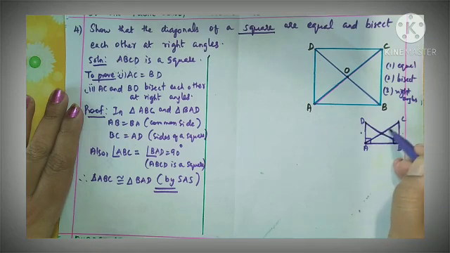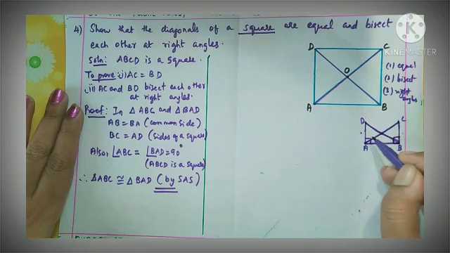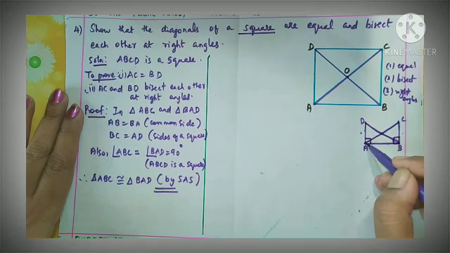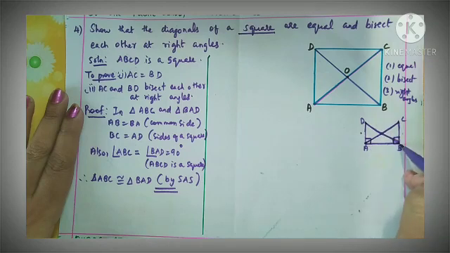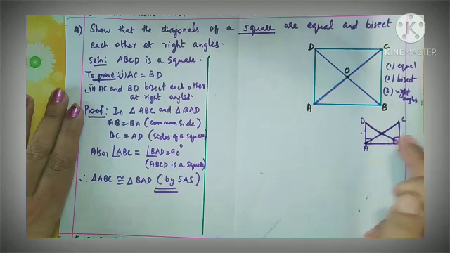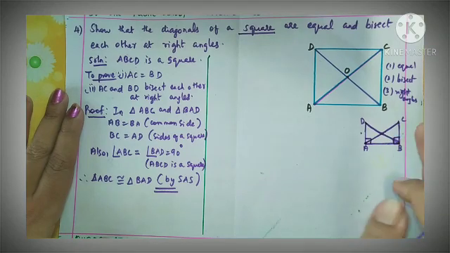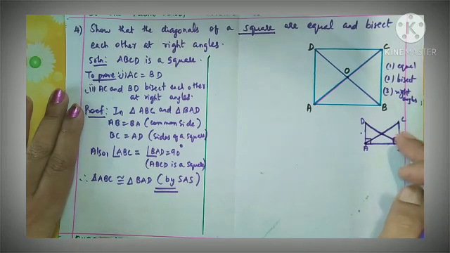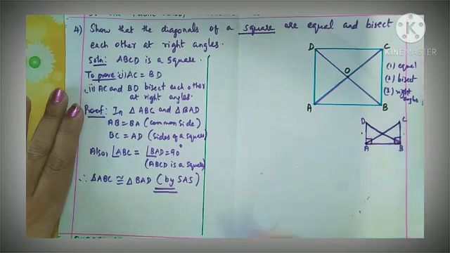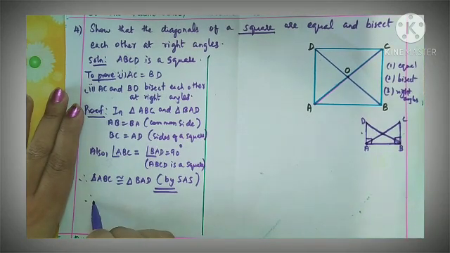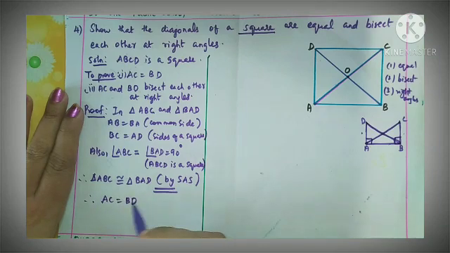Now you see, because these two triangles are congruent, can you say this AC, opposite the 90 degree angle, is the hypotenuse? Similarly in this triangle, this is 90 degrees, then this BD is the hypotenuse. So these hypotenuses are corresponding parts of two congruent triangles. So by the CPCT rule, they are equal. Therefore we got AC is equal to BD.